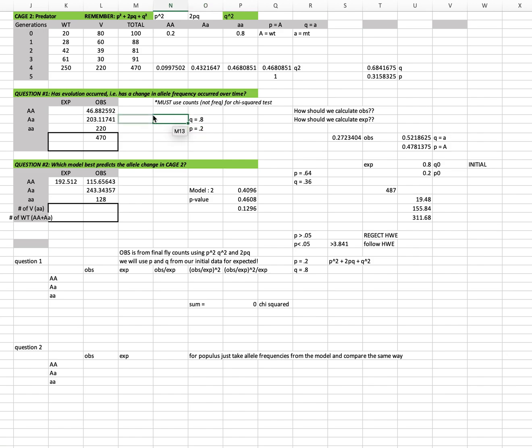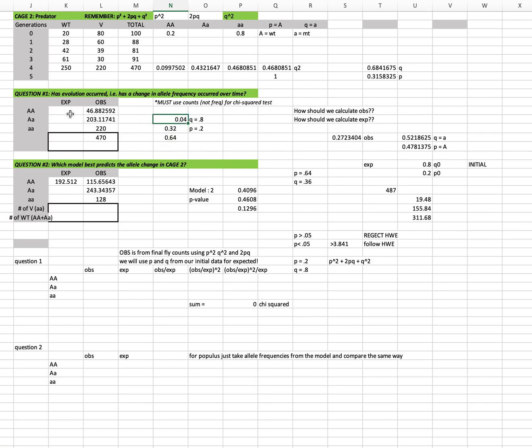We'll start with big A: equals 0.2 squared, equals 0.2 times 0.8 times 2, and equals 0.8 squared. So p squared, 2pq, and q squared.